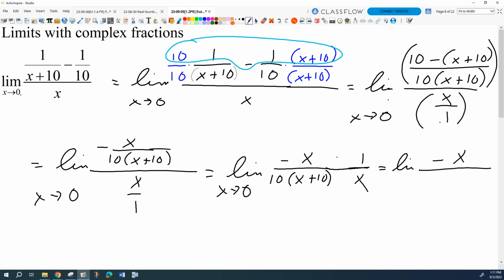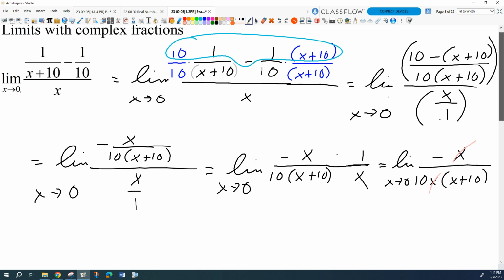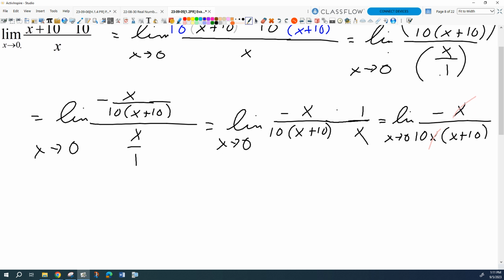I could write the bottom. Why don't I combine that x with the 10 over 10x times x plus 10. And now look at my cancellation. These x's go away. So on the top, I'm just left with a negative 1, right? On the bottom, the x is gone. And so this is equal to the limit of negative 1 over 10 times the quantity x plus 10.